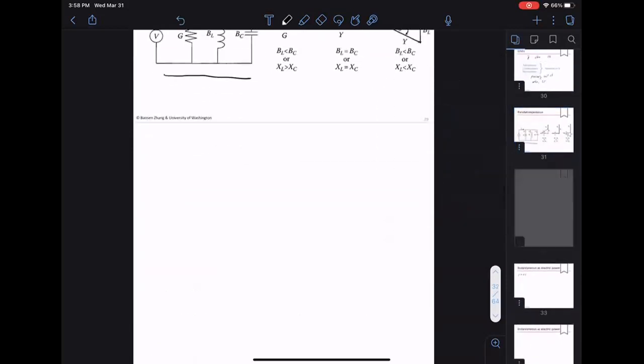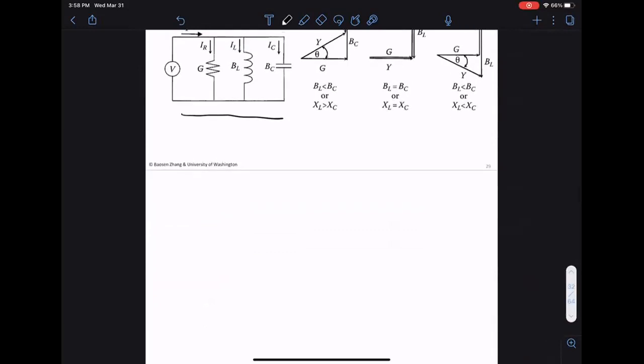The idea is that if I have a circuit, I'm going to replace that circuit with a big block. So we're going to have an equivalent impedance or equivalent admittance here.